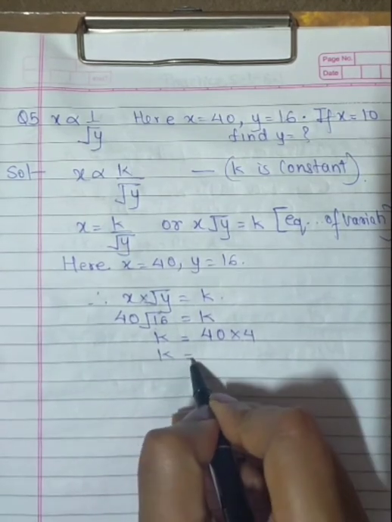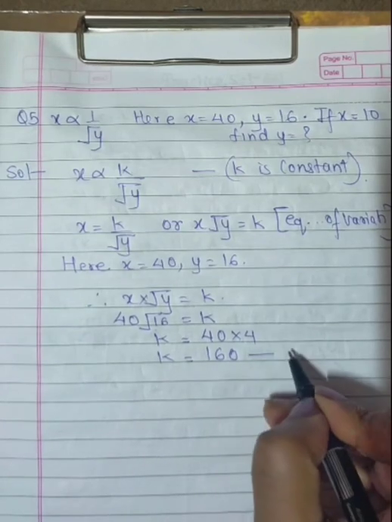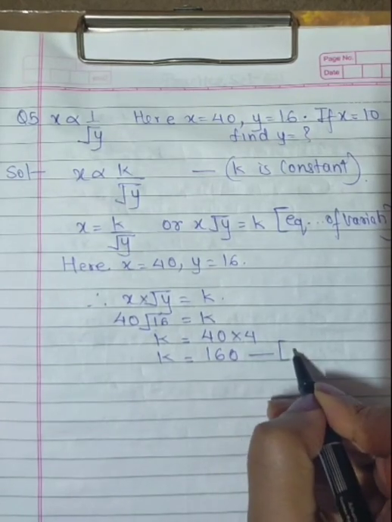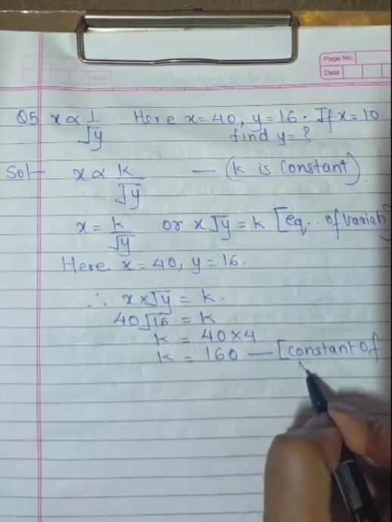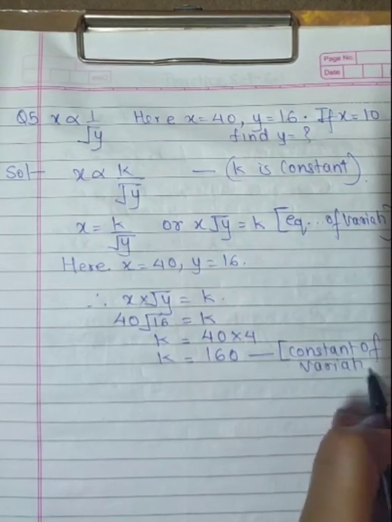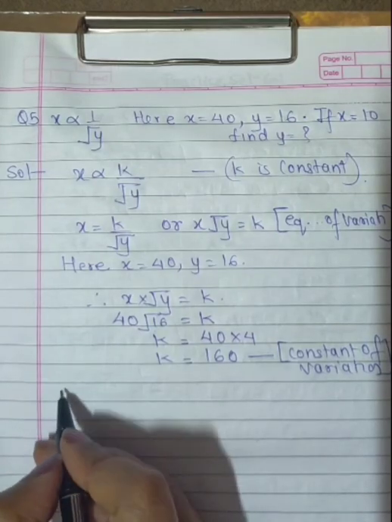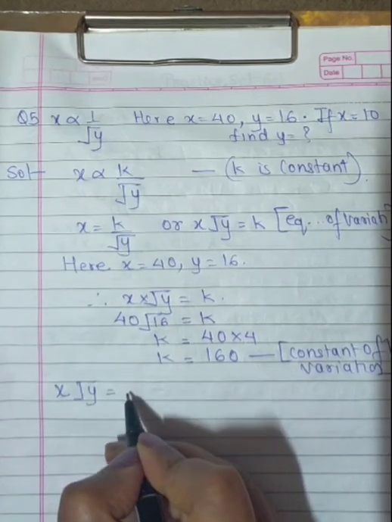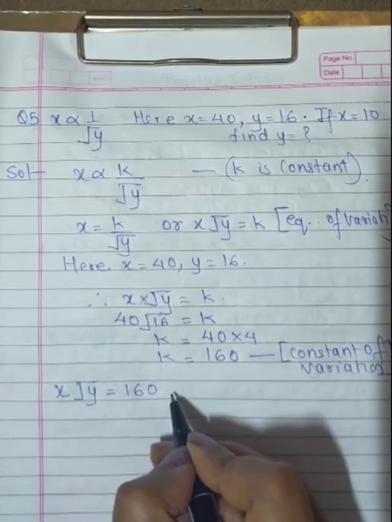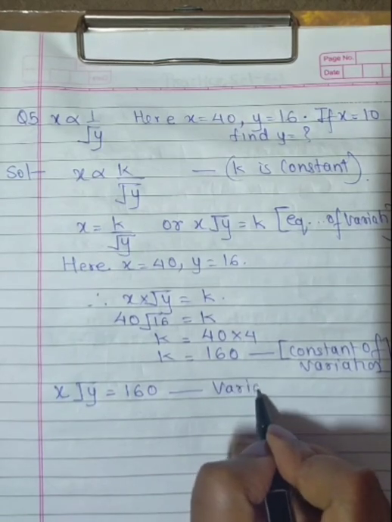We get 160. Here we got the constant of variation. Now x√y = 160 is the equation of variation.